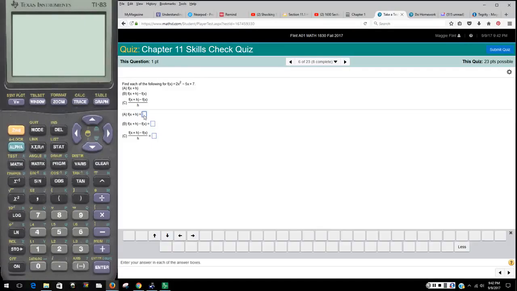So f of x plus h turned out to be a big, long expression. It turned out to be 2x squared. I always forget that you can't do it that way.